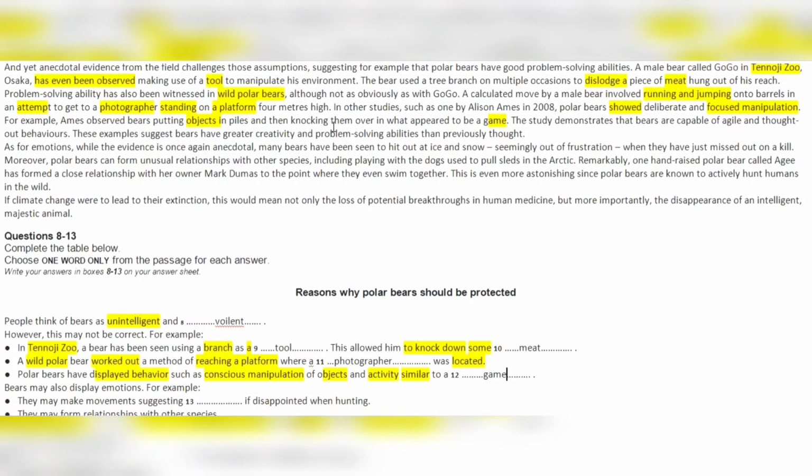Observed bears putting objects, here the word is object, in piles and then knocking them over in what appeared to be a game, an activity similar to a game. What appeared means similar. Here the word similar is the synonym of what appeared to be a game.